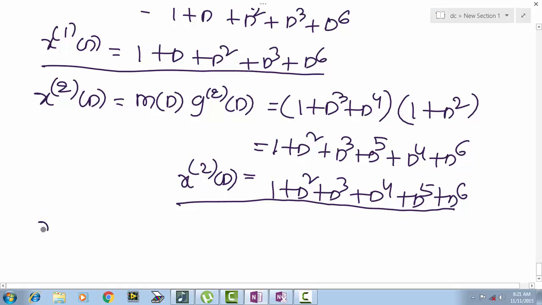So the sequence x of 1 is: in this polynomial d power 0 coefficient is 1, so 1, d power 1 coefficient is 1, so 1, d square coefficient is 1, d cube coefficient is 1, and we don't have d power 4 coefficient and d power 5 coefficient, so d power 4 coefficient is 0, d power 5 coefficient is 0, and d power 6 coefficient is 1. So this is the first output sequence.